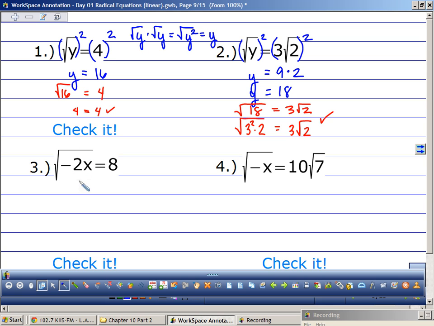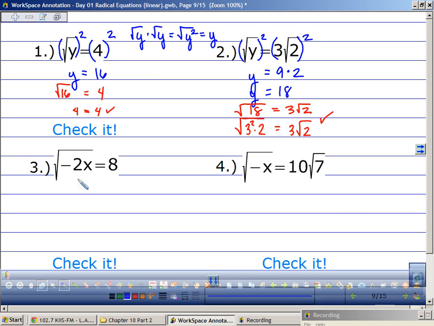Is there anything that I can do to this? I'm doing the inverse of a square root, which is a square. See this one, how I squared? I can do anything to any equation as long as I do the same thing to both sides, right?